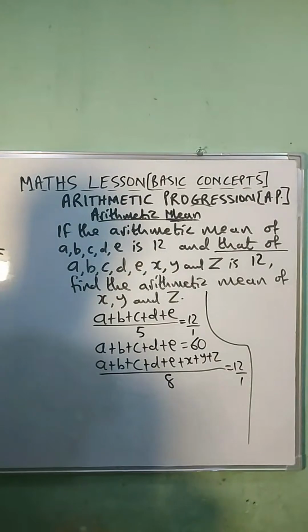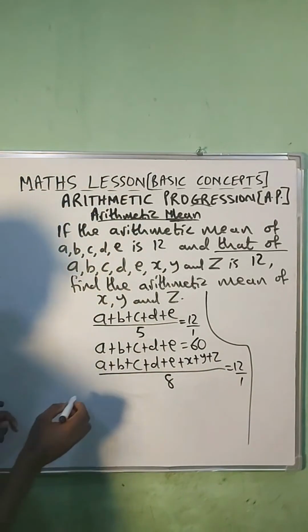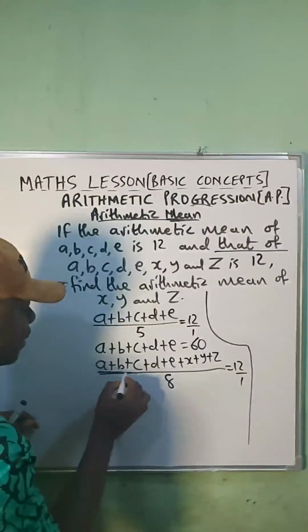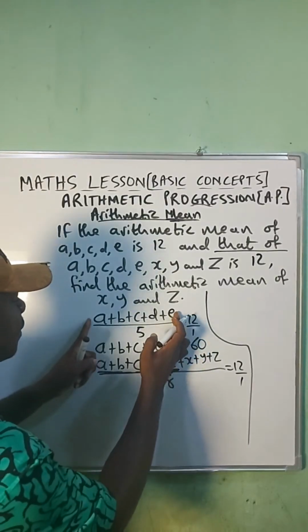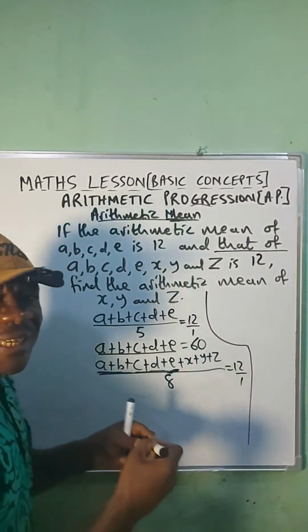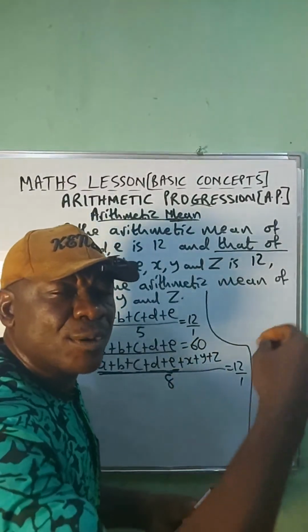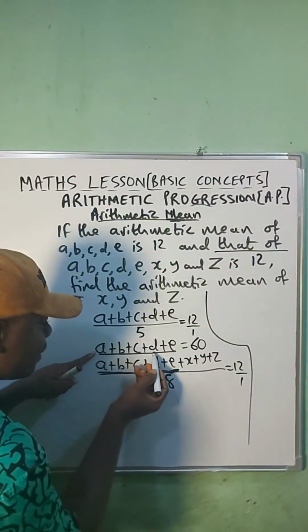So I'll now cross multiply. But before doing the cross multiplication, wherever I see A plus B plus C plus D plus E, I'll put 60, because A plus B plus C plus D plus E is this one.